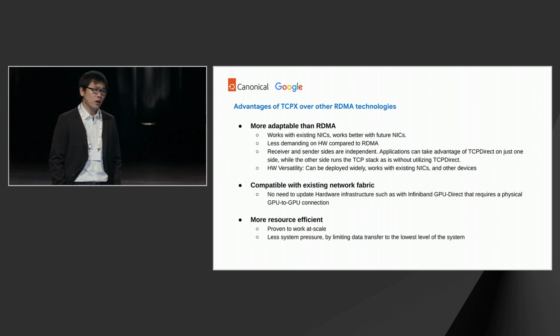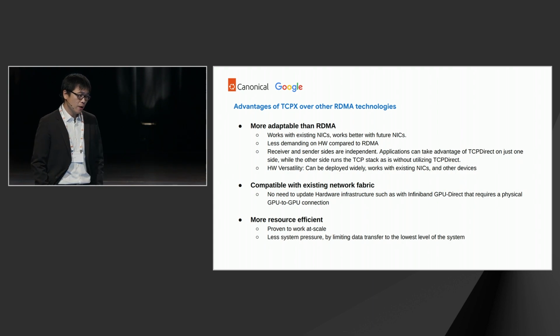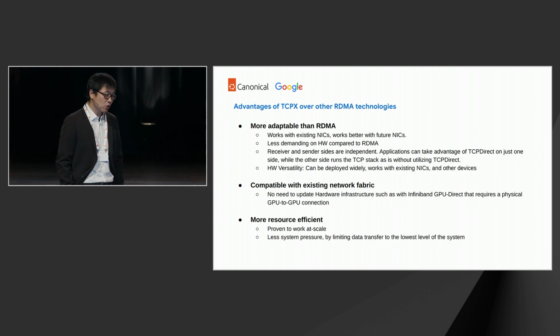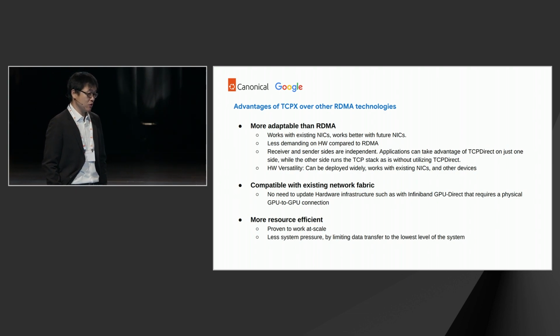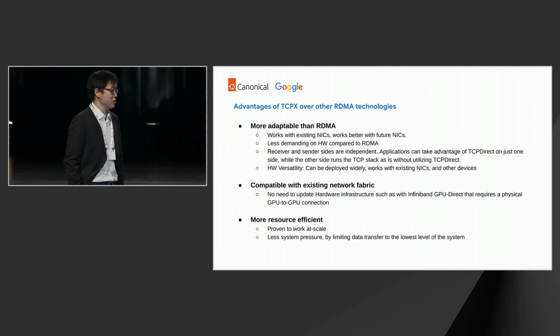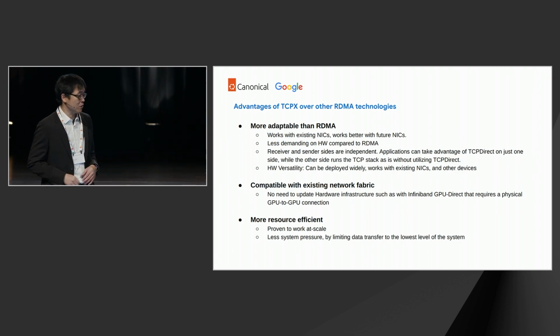And at Google, a lot of people are using TPUs because TPU is cheaper and sometimes more powerful, but some people also want to connect GPU and TPU together. So that means you have to have a protocol that works on both sides. So I think this is another benefit of TCPX, because it works with both technologies.